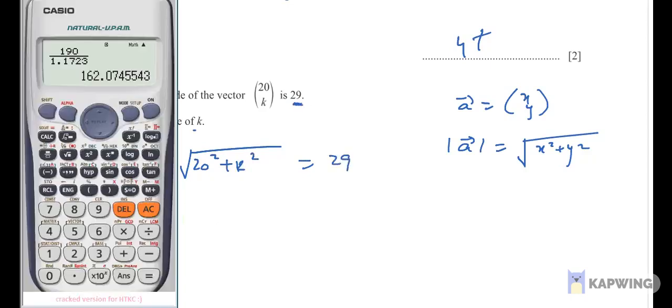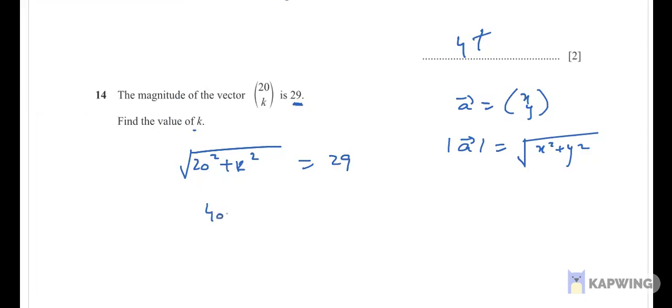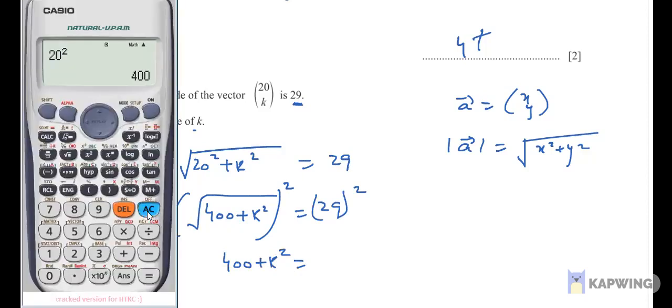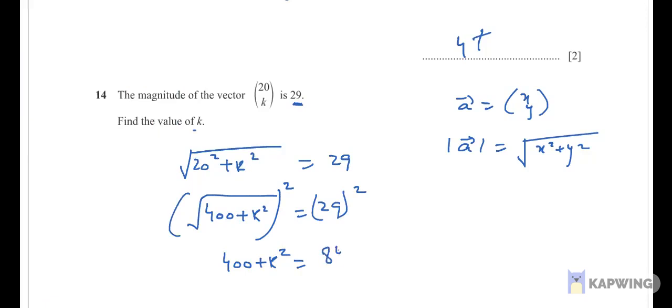So 20 squared is 400, plus k squared, all under the square root, will be equal to 29. Take the square on both sides. It will be 400 plus k squared equal to 29 squared, which is 841.